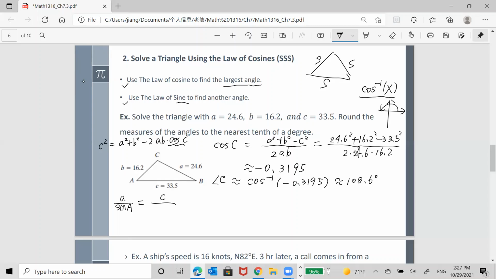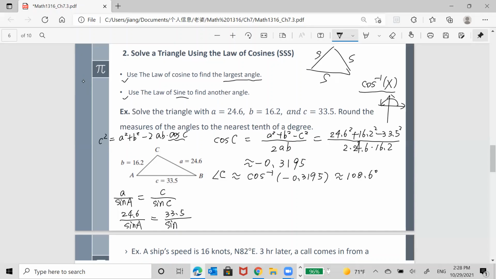If you can't differentiate the angle from the side, use this symbol to represent angle C. So the length of C is here, and the bottom one is sine C. A is 24.6, sine A is unknown, and C is 33.5 over sine C, where angle C is 108.6 degrees.